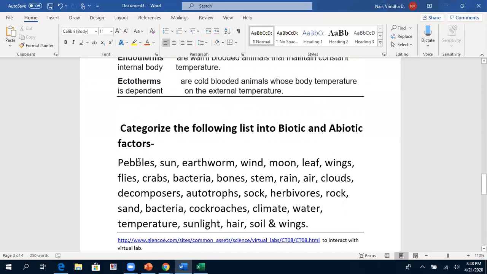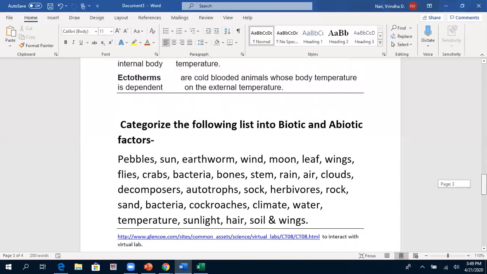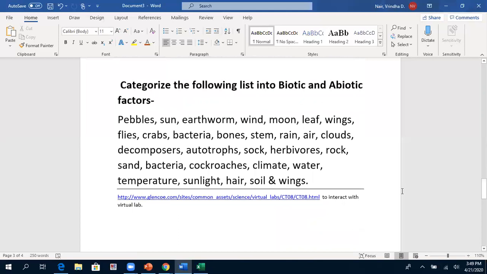Let's read the words: pebbles, sun, earthworm, wind, moon, leaf, wings, flies, crabs, bacteria, bone, stem, air, rain, clouds, decomposers, autotrophs, socks, herbivores, rocks, sands, bacteria, cockroaches, climate, water, temperature, sunlight, hair, soil, and wings. Now categorize them into abiotic and biotic factors.